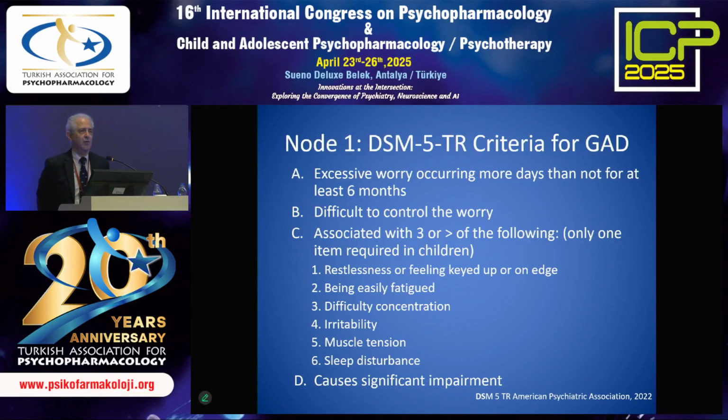So to start with the diagnosis, we recommend that you use the DSM-5 TR criteria for diagnosing your GAD, because in general, all the psychopharmacology studies out there are based on treatment of patients that meet the criteria for different diagnoses, including this one.